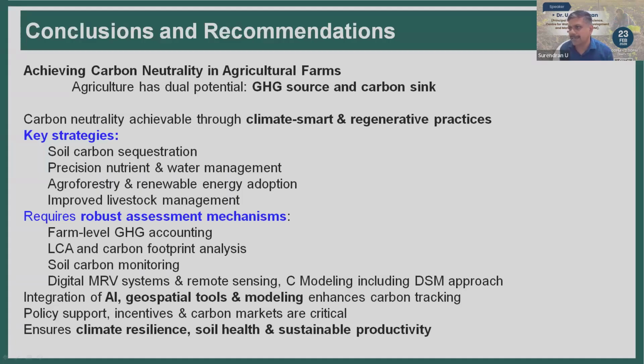And what we observed practically is that the carbon sequestration potential can be enhanced with proper water and nutrient management strategies, by improving livestock incorporation or crop diversification. For assessment, a farm level GHG accounting tool will be a good exercise, which will enhance the farm output, and farmers also get a price for the carbon credits.